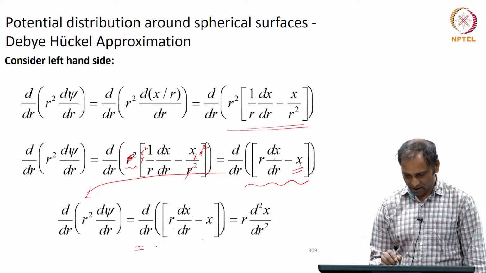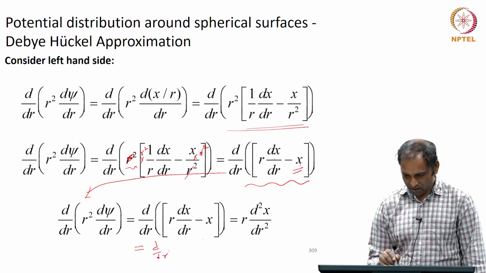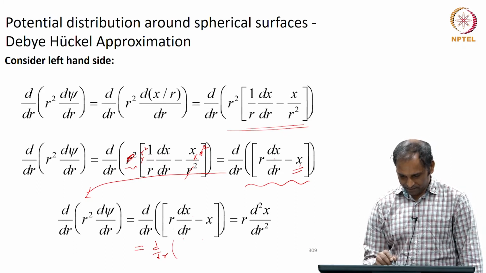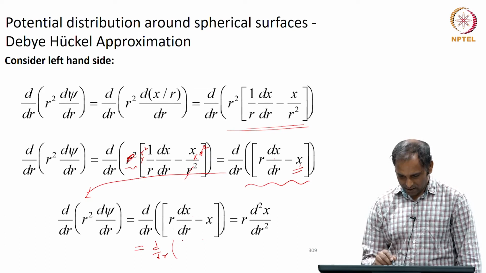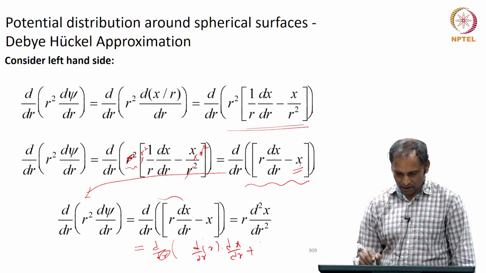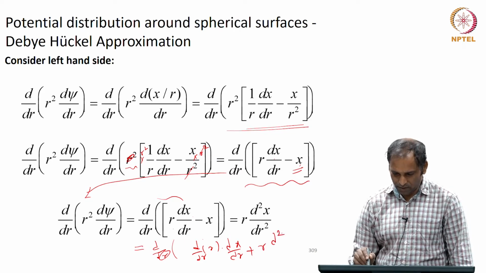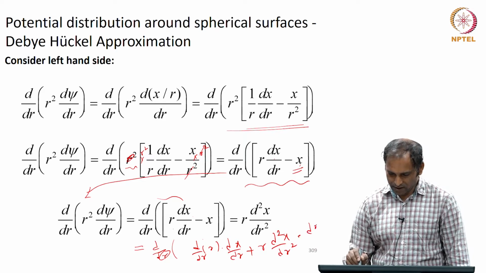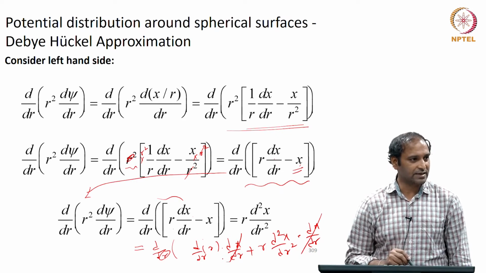Again I can use the product rule. So, d by dr of r into dx by dr gives dx by dr plus r into d square x by dr square, minus dx by dr. The dx by dr and dx by dr get cancelled.